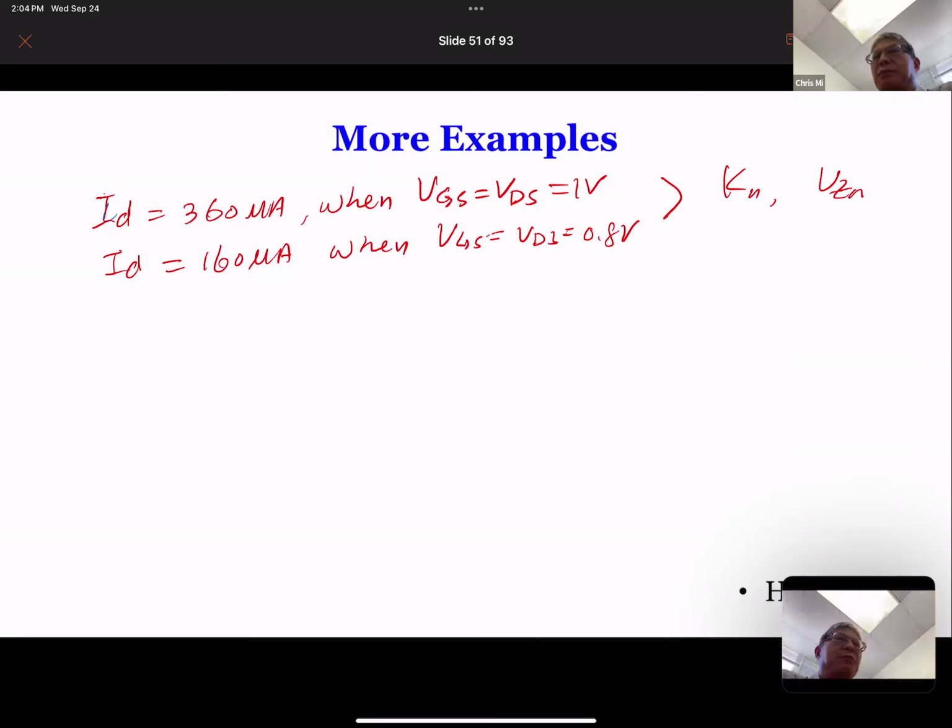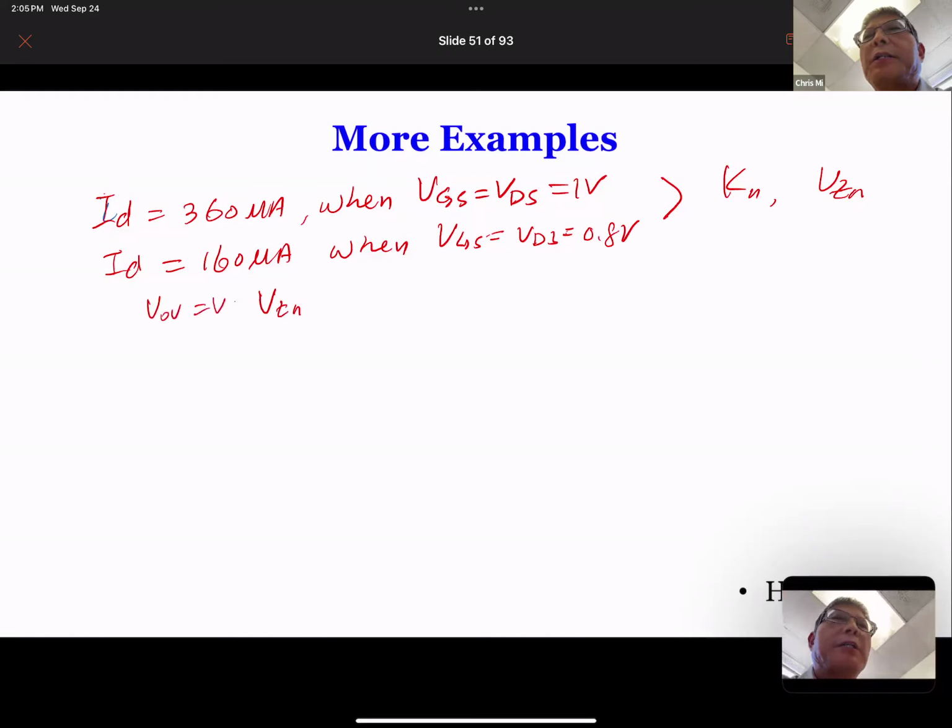We need to know which equation to use, basically whether it's in saturation or in triode mode. Because there's current, it's going to be in conduction mode, so it cannot be in off mode. But what we need to know is whether this is saturation or triode mode. Now, how do you do that? Well, we have to find VOV.